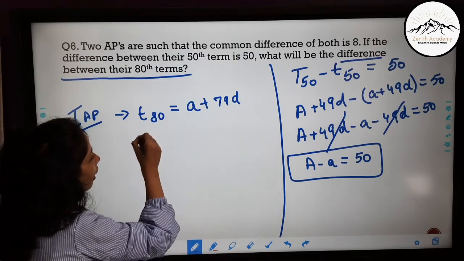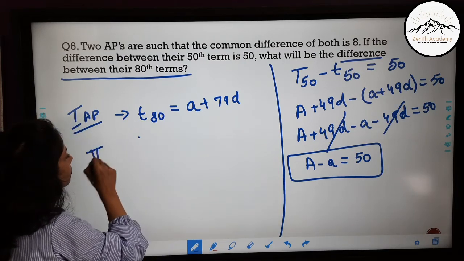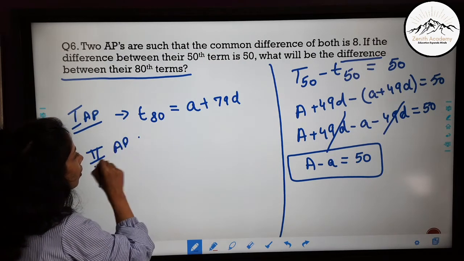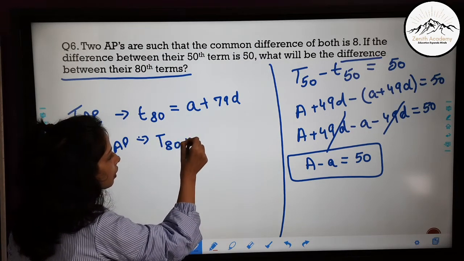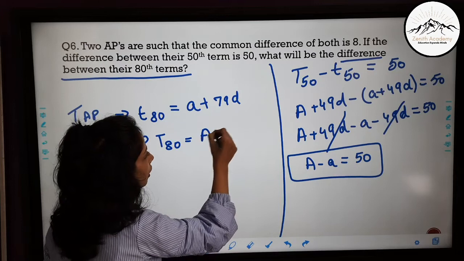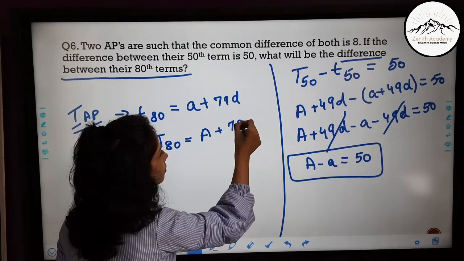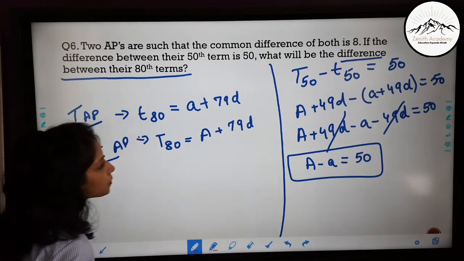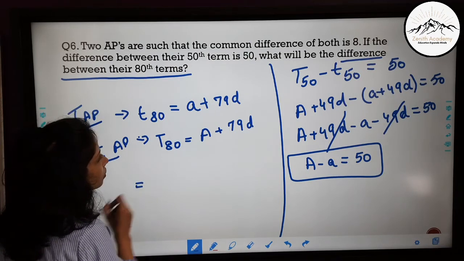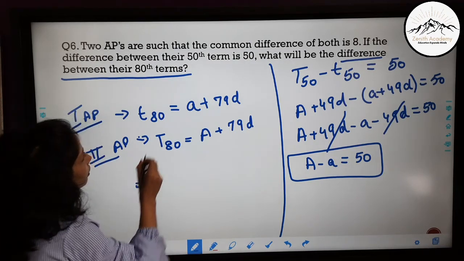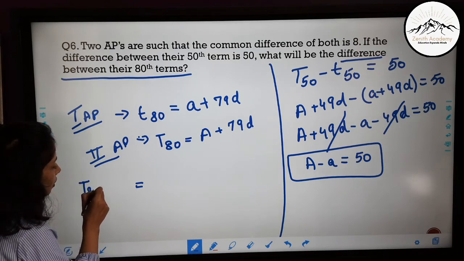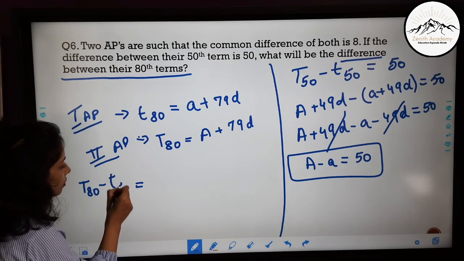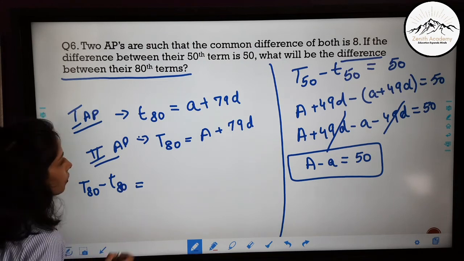And for the second AP, we will have capital T80 is equal to capital A plus 79 into D. So the difference we need to find is T80 minus t80.